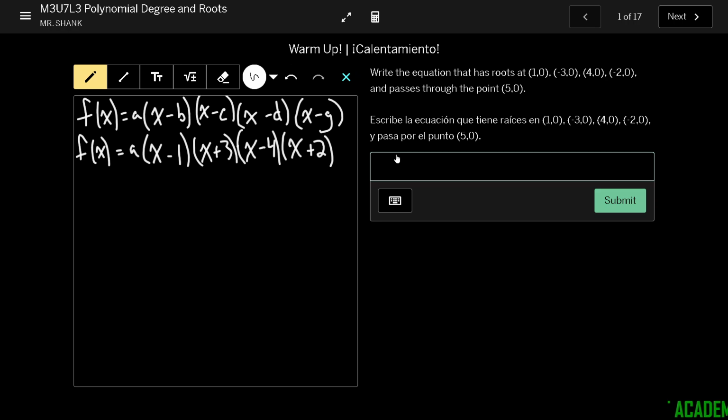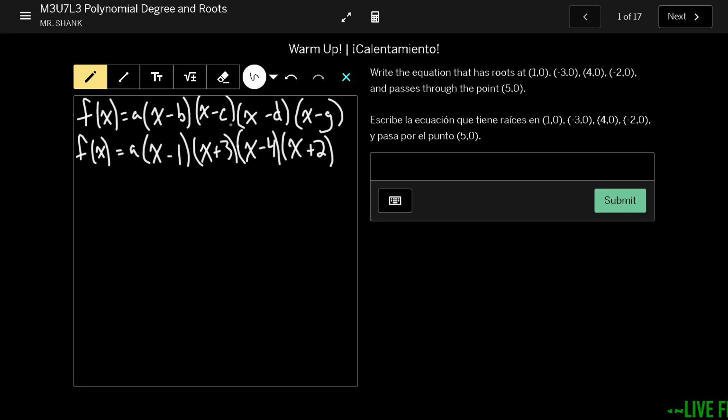So again, notice how they're not in a particular order. I can change the order of these groups, these little packages, these sets of parentheses, because we're multiplying them together. Like in the last video, I talked about the commutative property of multiplication. I can change the order of these sets of parentheses.